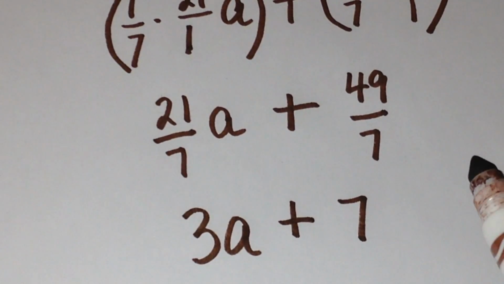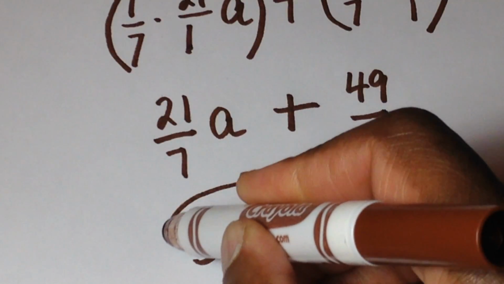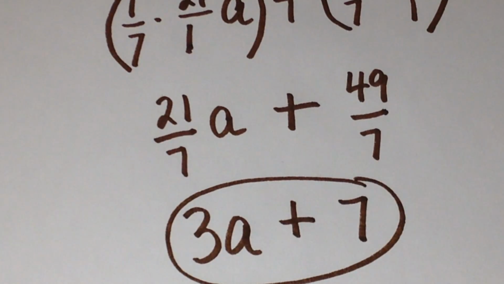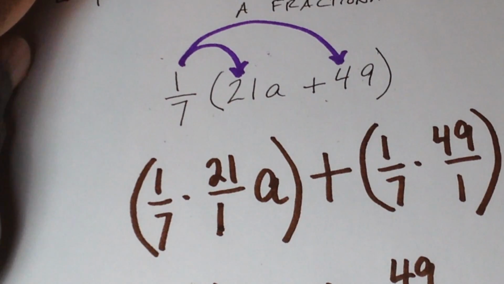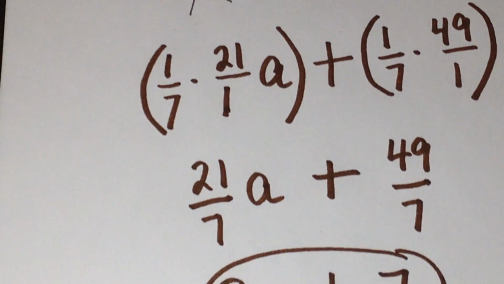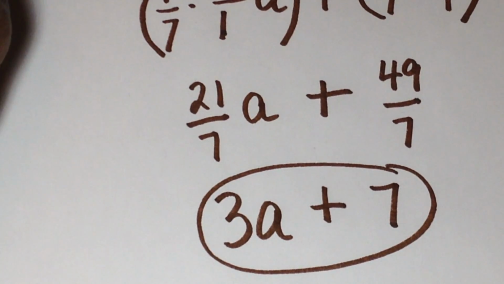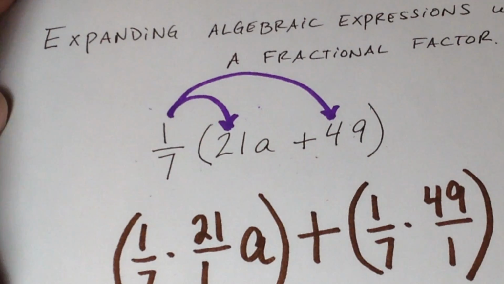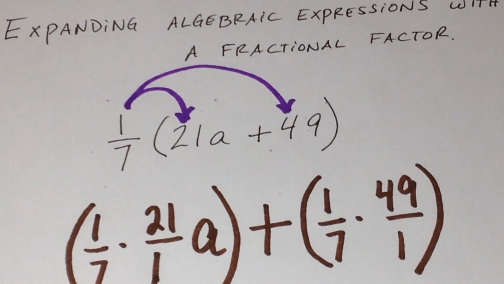So now what I finally come to is the simplified expression 3a plus 7. So what I started with was 1/7 multiplied to 21a plus 49, and then I come to 3a plus 7. Okay, now that's how we expand algebraic expressions, in this case with a fractional factor.